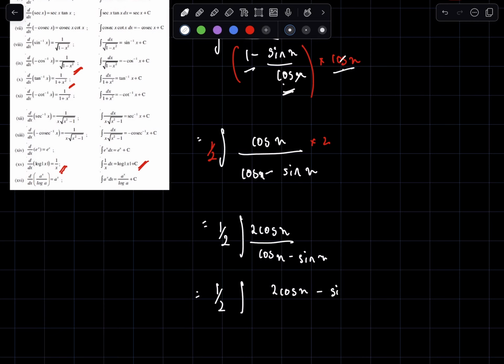minus sine x plus sine x, so we're adding and removing, divided by cos x minus sine x.